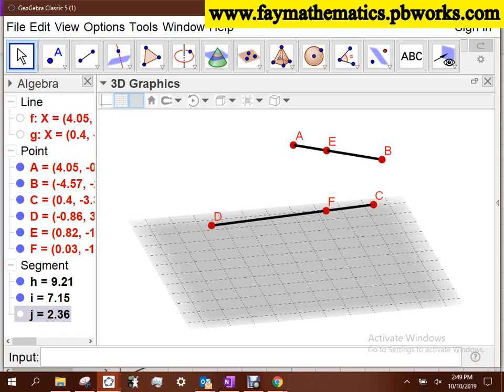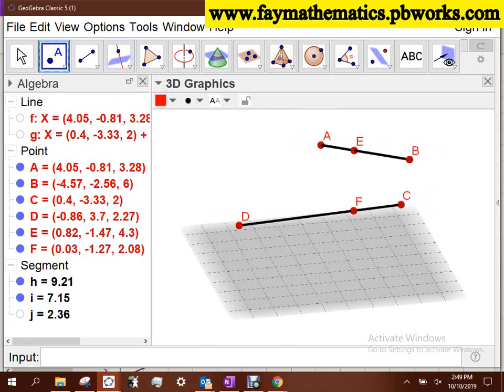Let's see here. Let's see if I can do this. B is at G equals the X of B, comma, the Y of B, comma, the Z of B, but minus 1.